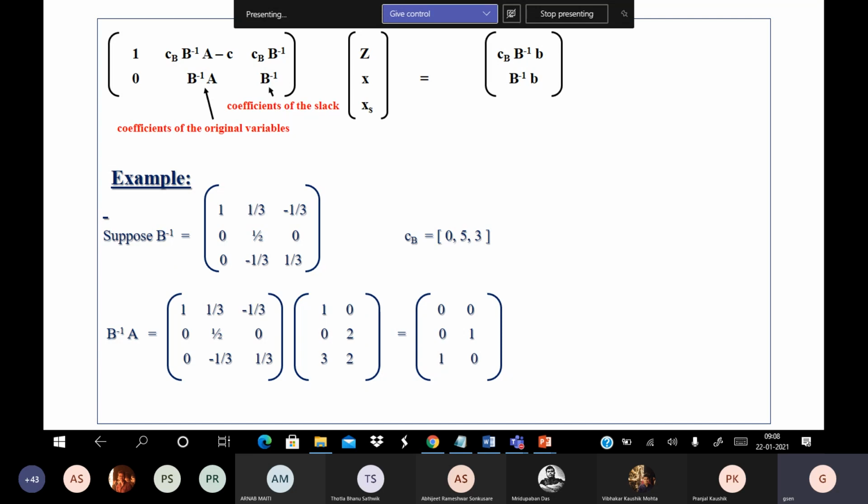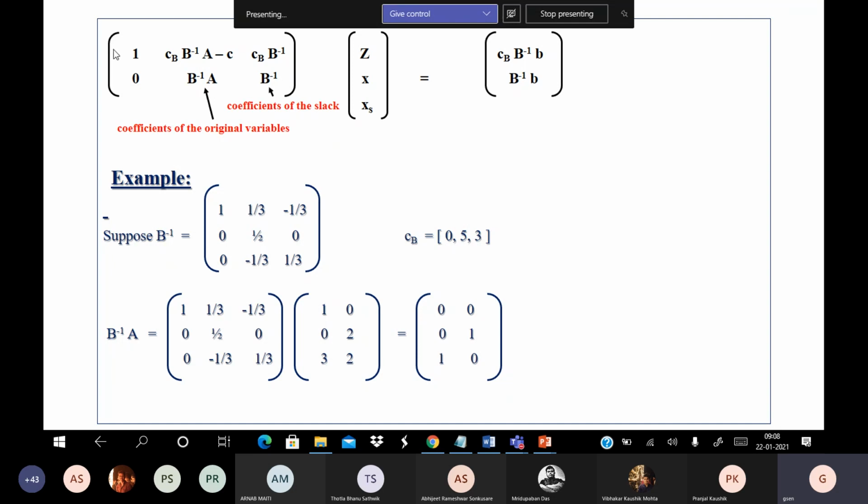Now, when you try to understand this in terms of the simplex table, the first column represents the column of z. The second is for x, the original variables, and the third column is for the slack variables.